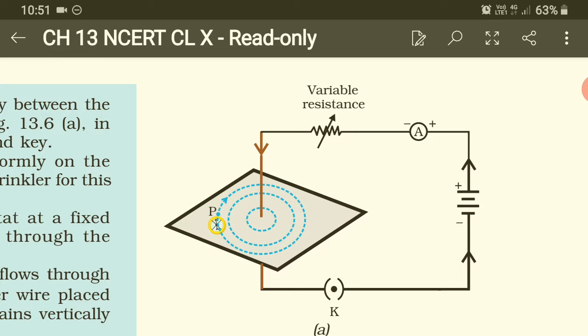The second point to study is the length of this wire. We can increase the length of the wire, as well as decrease it. In this experiment we found that if the wire length is more, the magnetic field strength is higher.